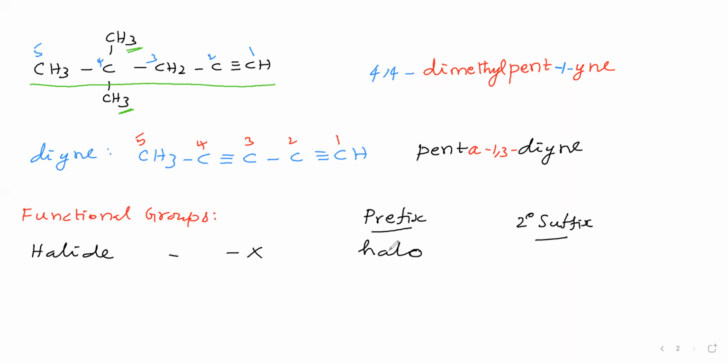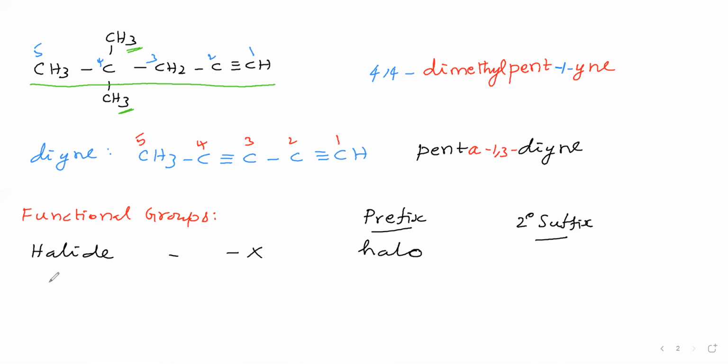In the IUPAC nomenclature, one is prefix, next is root word, next is primary suffix, next is secondary suffix. Primary suffix means only carbon-carbon single bond, double bond, and triple bond will come. Other than these three, nothing will come under primary suffix. Secondary suffix means the main functional group comes under secondary suffix.